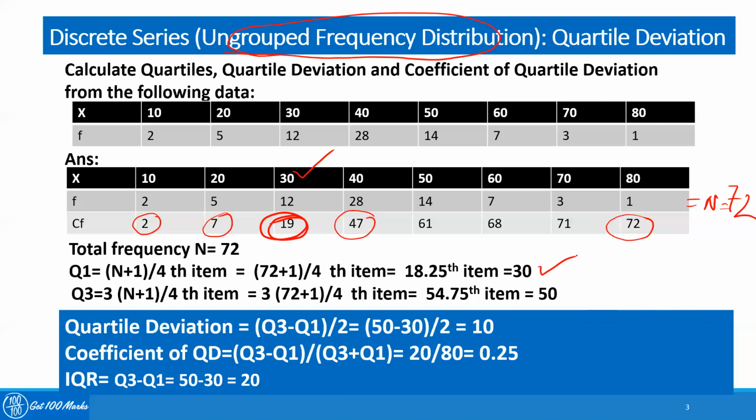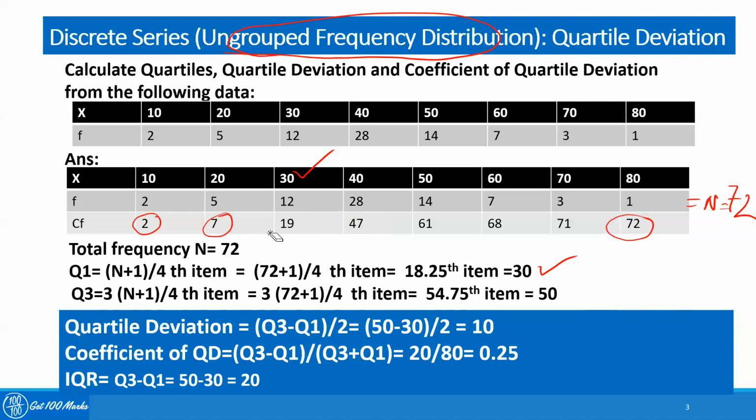Following the same procedure, let's find out quartile 3. Quartile 3 is equal to 3 into N plus 1 by 4th item. So 3 into 72 plus 1, N is total frequency, which is 72, by 4th item. Therefore, it's coming to 54.75.